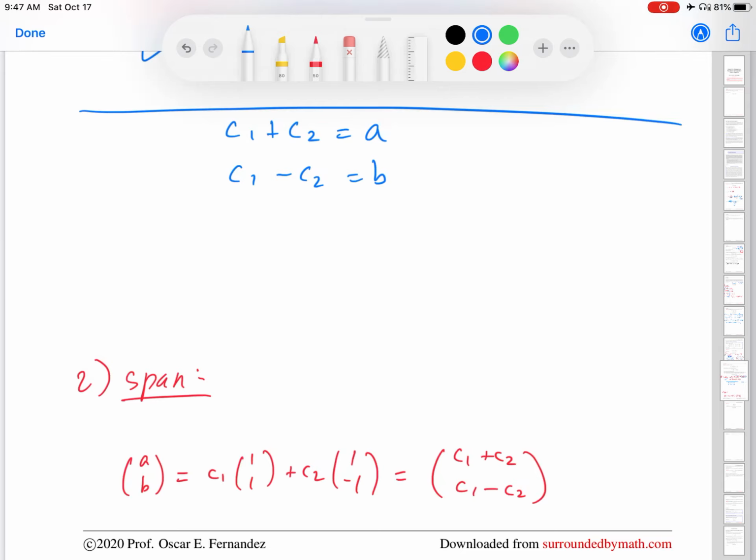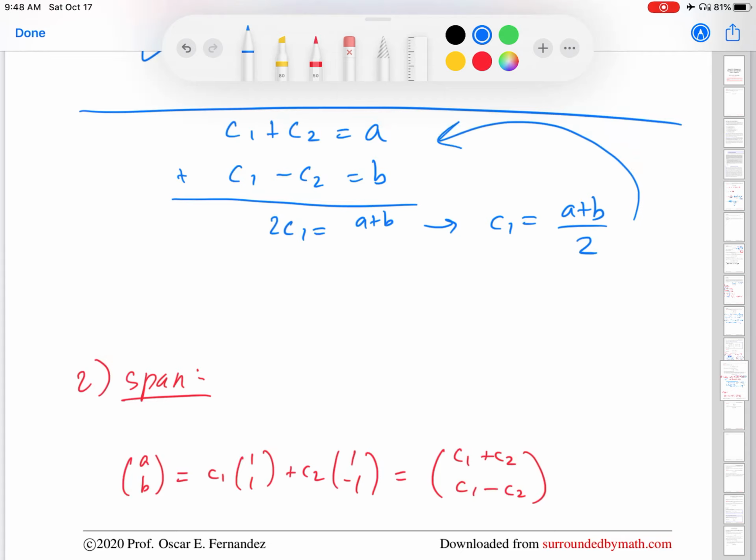Again, I want to solve for c1 and c2, so I will take the simpler approach, just add the two equations. I get 2c1 equals a plus b. So that tells me that c1 is (a plus b) over 2. Great. Now I'm going to take that c1 and substitute it into maybe this first one. So I get (a plus b) over 2 plus c2 equals a.